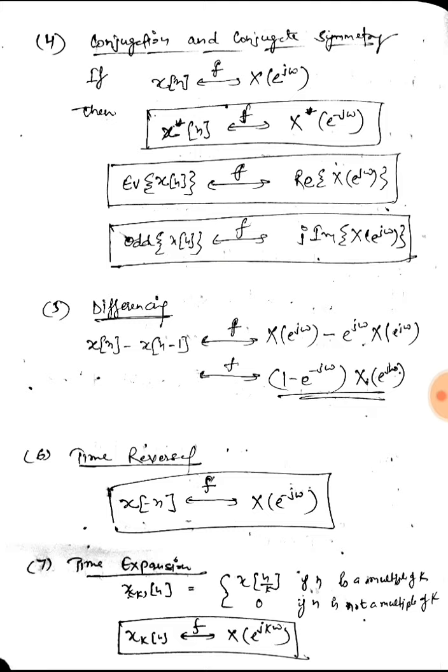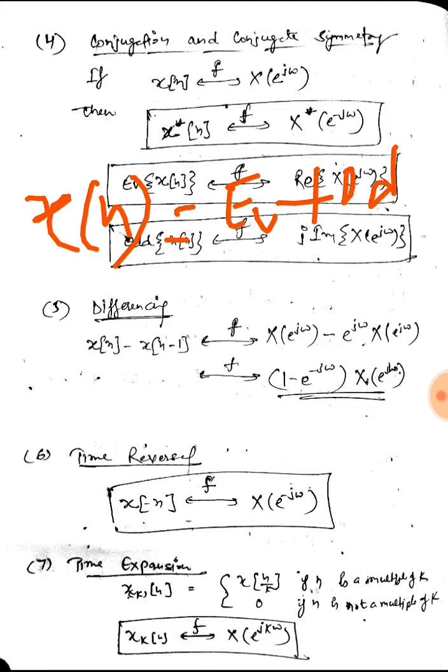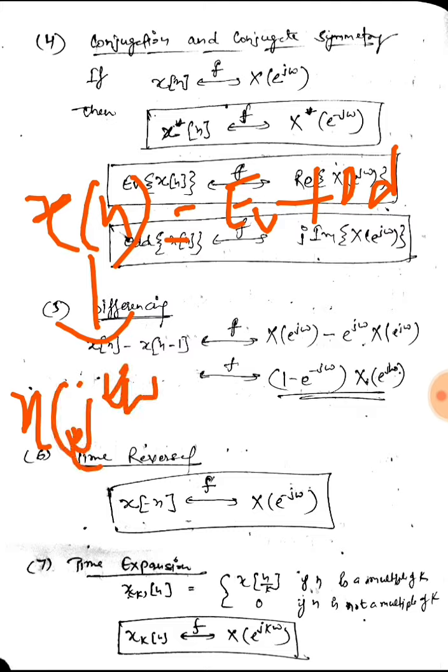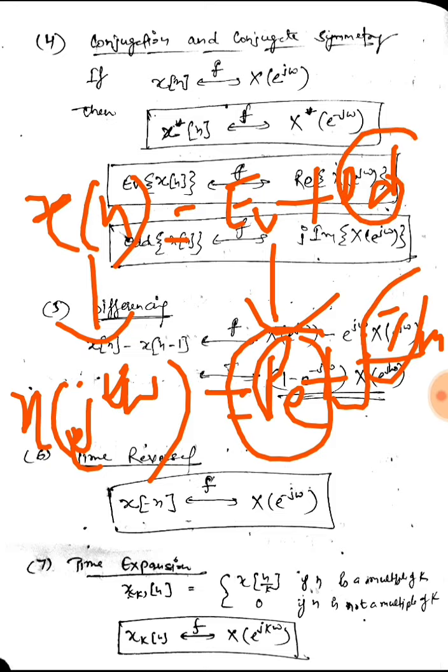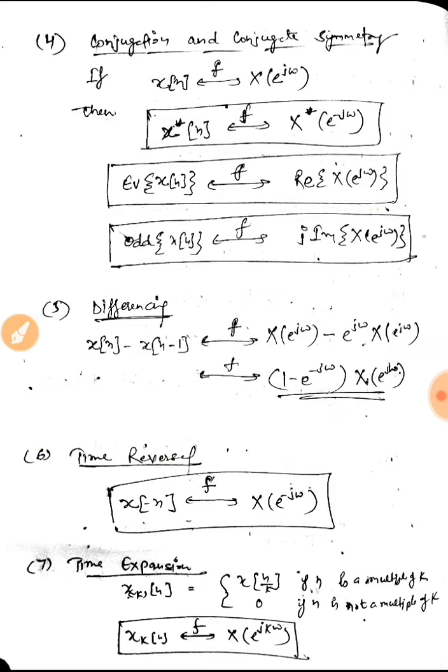So as we know, a signal x[n] can be written as even plus odd signal. So if I take the Fourier transform, it comes out to be X of e^(j omega). So it becomes real plus j imaginary. So for the even part it will be the transform, and for the odd part this part will be the transform.